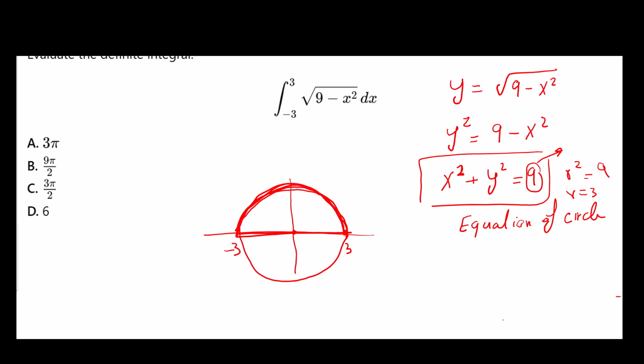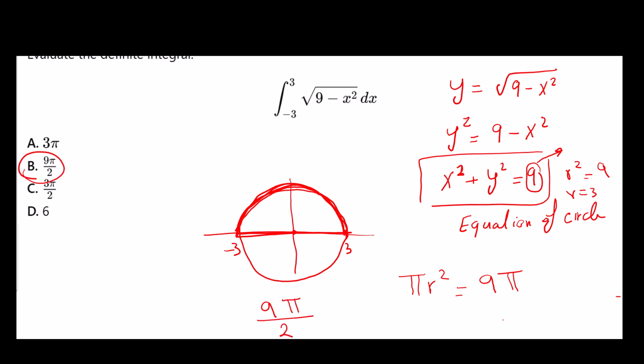So what is the rule for the area of a circle? It's just pi r squared, right? Good. Pi r squared, the r is 3, so it would be 9 pi. But I need half of the circle, so I have to divide by 2. So half of the circle would be 9 pi over 2.